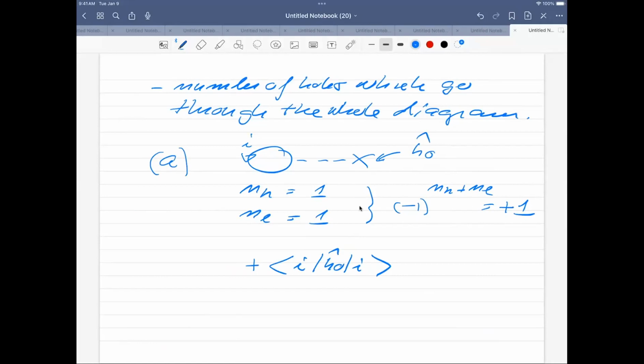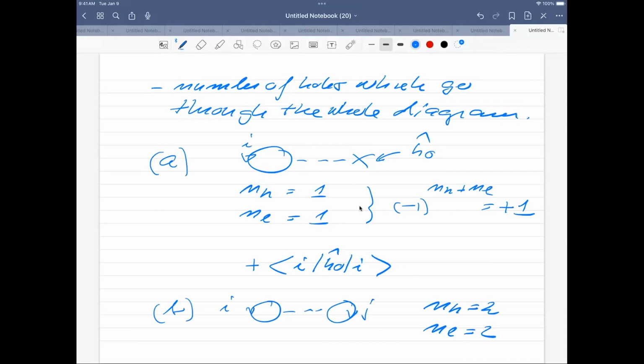So that would be that specific expression. If we go to the next one, which is this one, we put labels i and j. So we see that we have number of holes equal to 2 here, and number of loops equal to 2. So that gives also rise to a factor of plus a half.